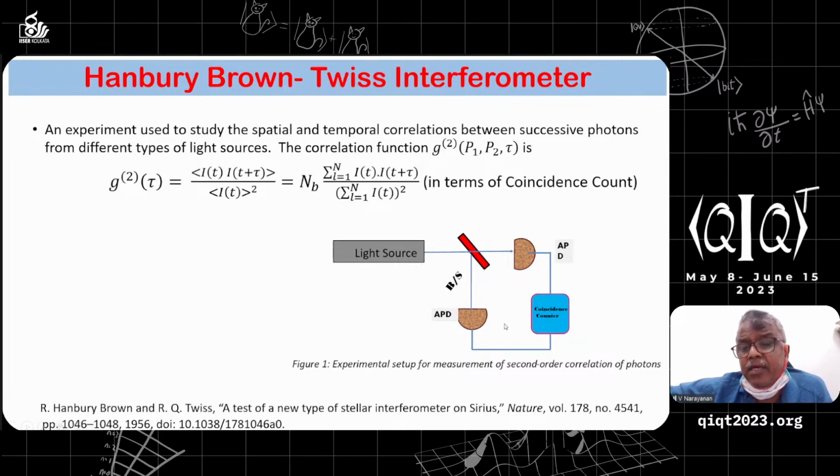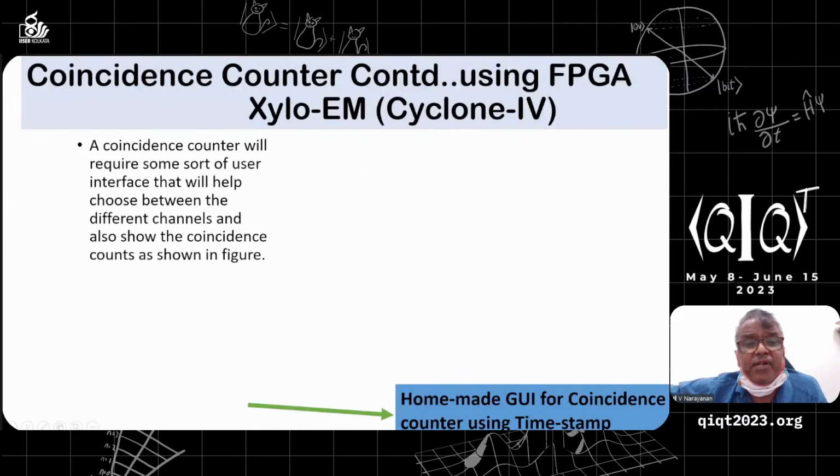Developing a coincidence counter is a challenging job, and of course, given the resources, one can buy a commercial one, but it is quite expensive. So we have developed a coincidence counter based on something called a field programmable gate array, FPGA, on which most modern electronic circuits are built.